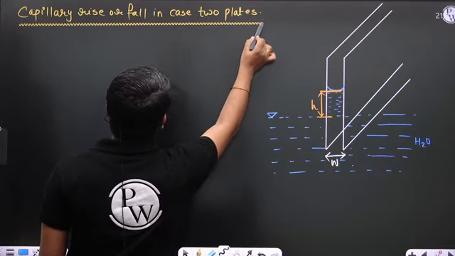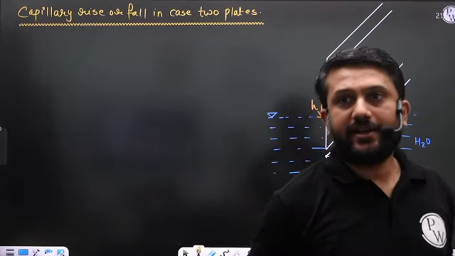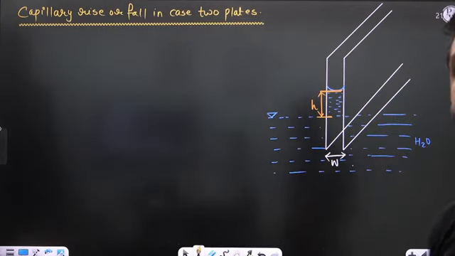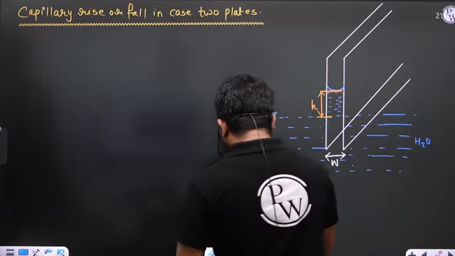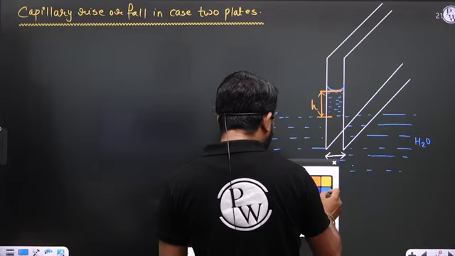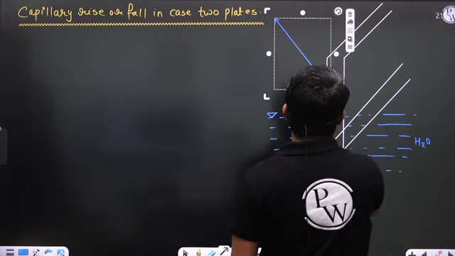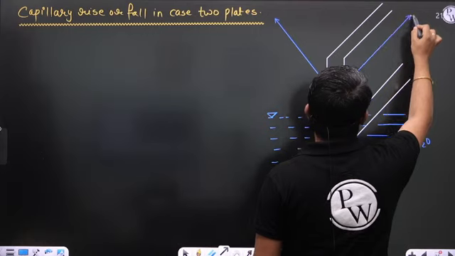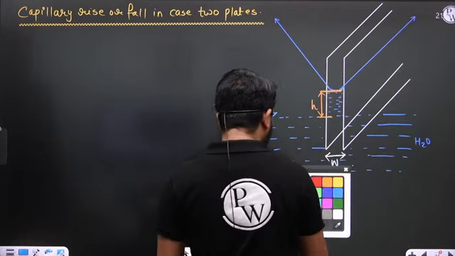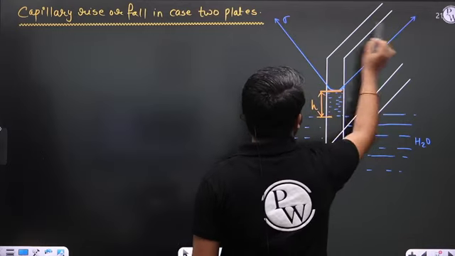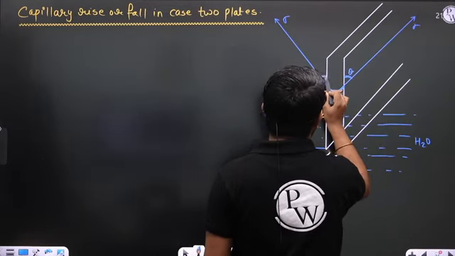Try to find out in this particular case. The logic is the same, right? In this case, the surface tension is acting like this. This is sigma, this is sigma, this is theta.